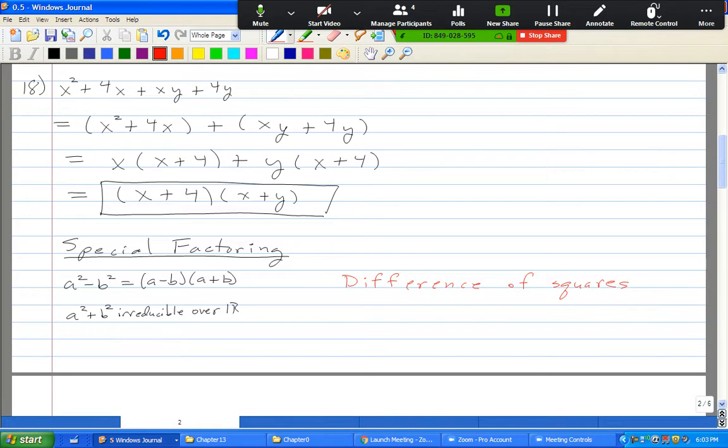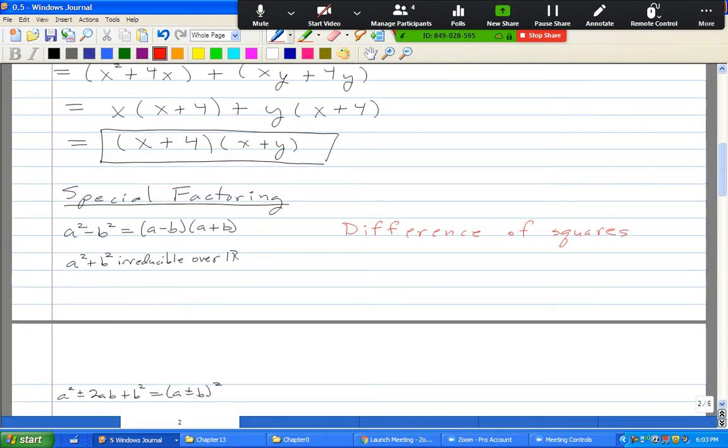Or the product of the sum and difference of two terms, again, you memorized this when we gave it as the special product formulas. Now we're going to write these as special factoring formulas. And so a squared minus b squared is just a minus b times a plus b.